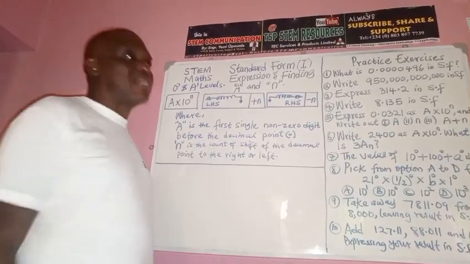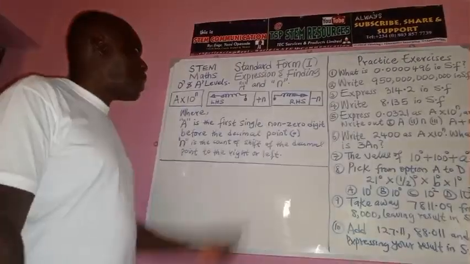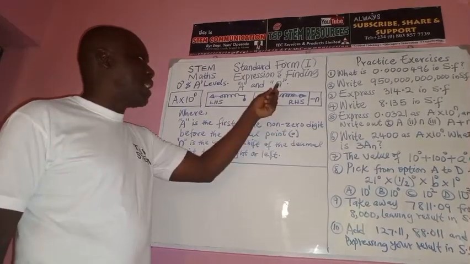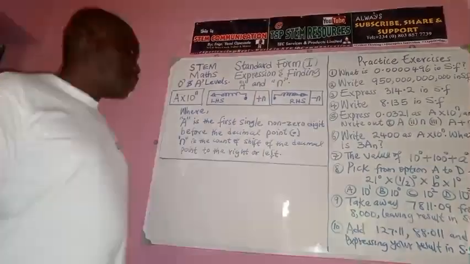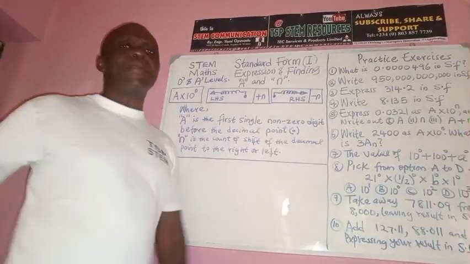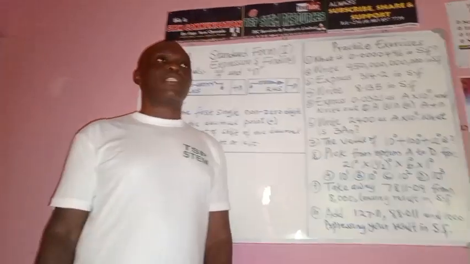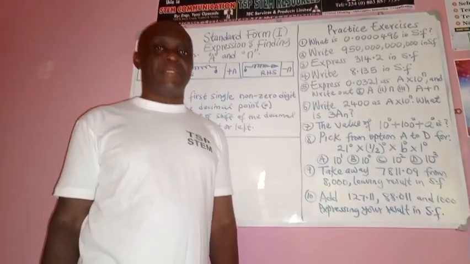At the end of this lecture class, we are going to know what A stands for and what N stands for. Before I go into the topic, let me quickly highlight some of the areas of importance, benefits and significance of this topic.